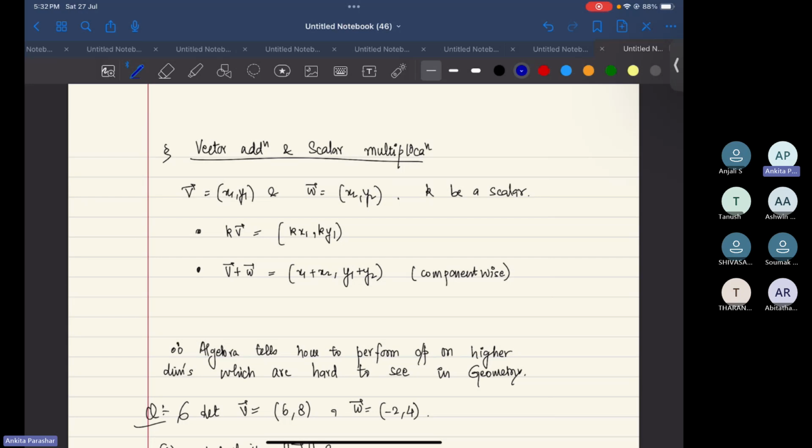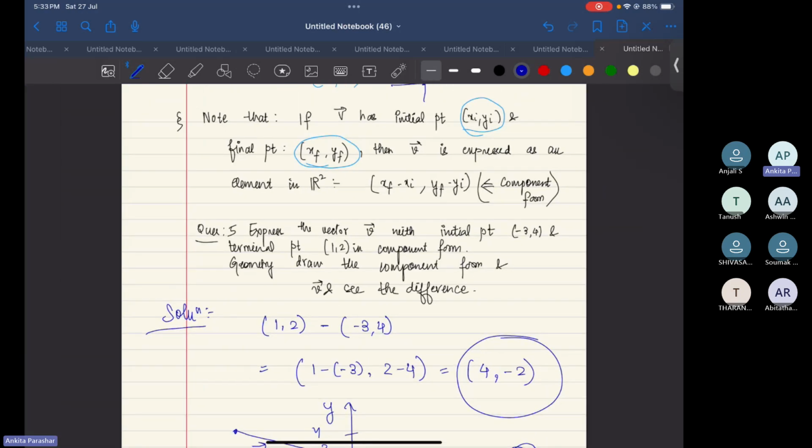So if I ask you, suppose I have vectors which are not in R2, but in R3 or R4 or higher dimension. Since we cannot see them geometrically, the whole purpose of showing this geometrical meaning is that we can translate all those geometrical ways to algebraic ways, and finally apply algebraic operations, like addition, multiplication, scalar multiplication, so that we don't have to see them geometrically because we cannot see them.